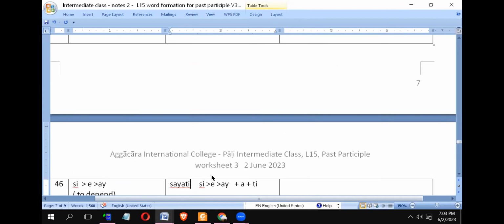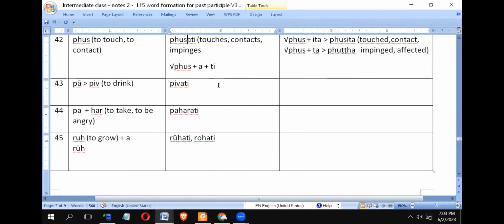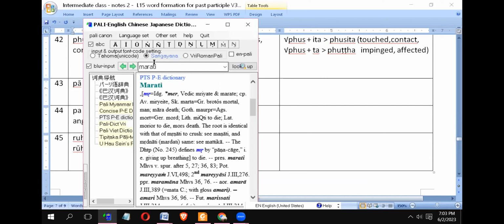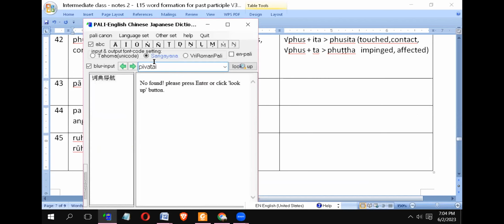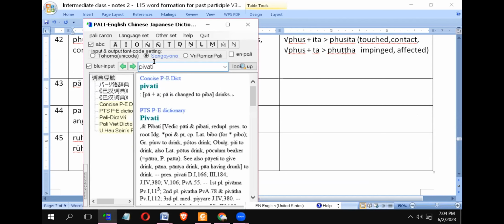Okay, next one is pa plus beef. The root actually is pa. This pa changes to piv, which from the Pali we cannot understand why it changed like this. But let's see if we can find this answer in the Sanskrit. According to this, pa changes to piva.